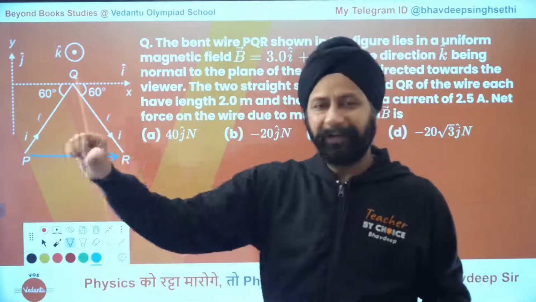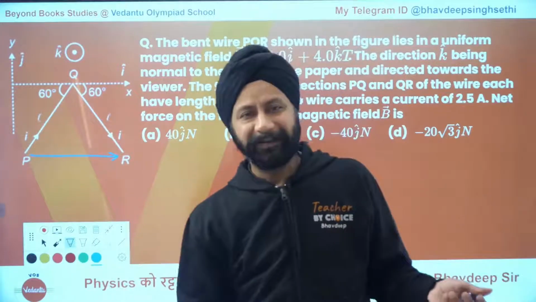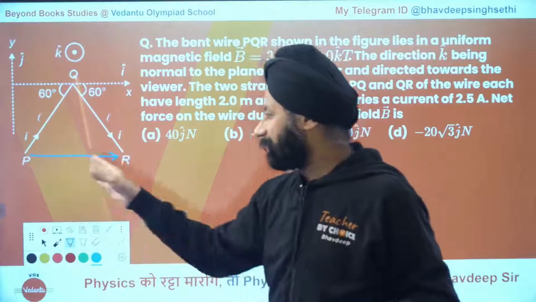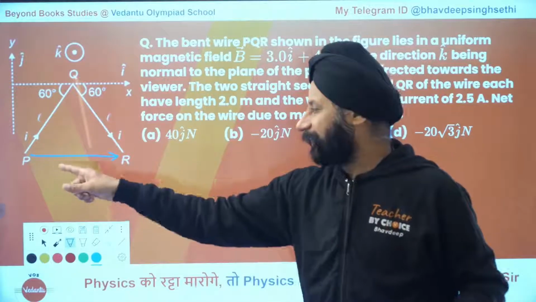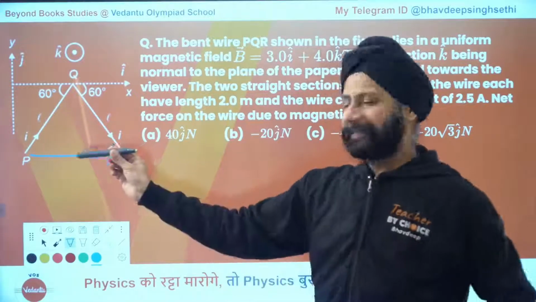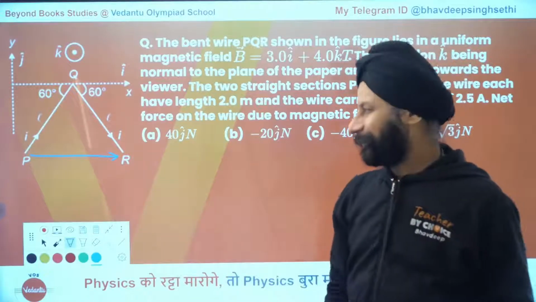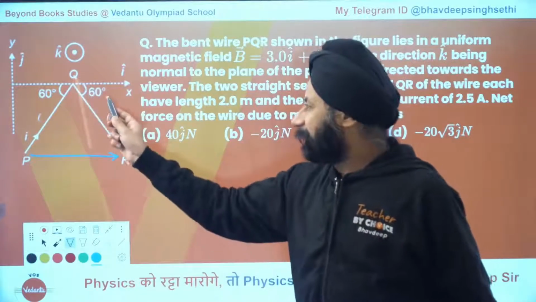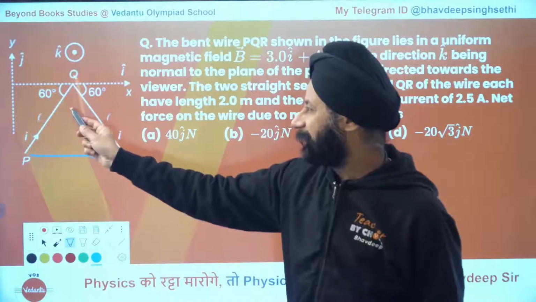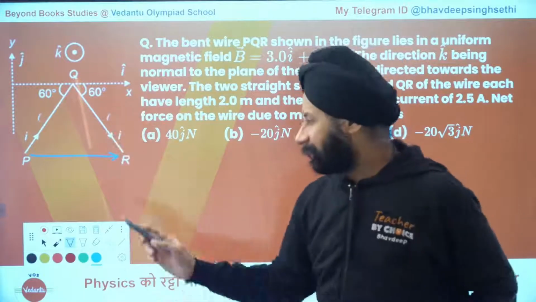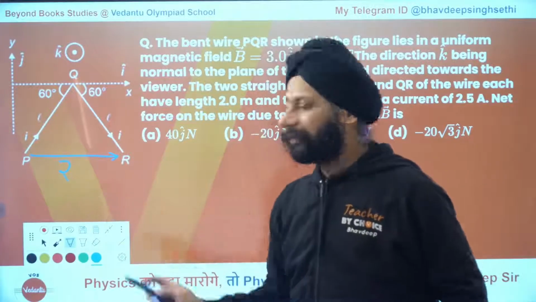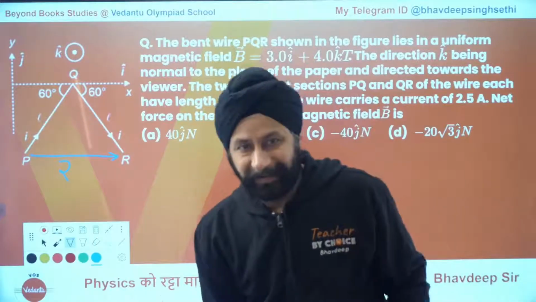And the only effect will be from this, and we can see that mathematically also. Logically, this magnetic field in this direction cannot affect a wire that is carrying the current in the same direction. Now this is 2, this is 2, now this is 60, 60, this is 60, this is an equilateral triangle, so this is also 2. So the length is 2I.